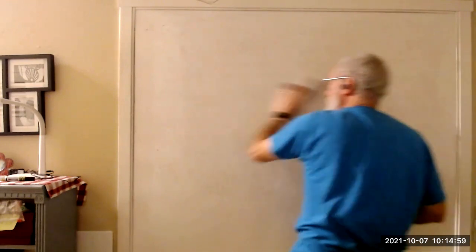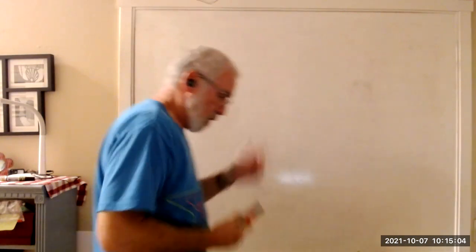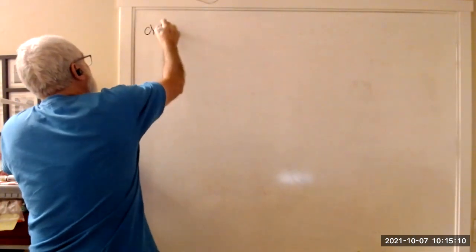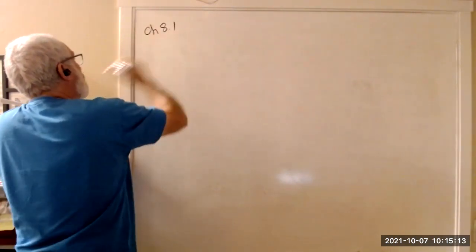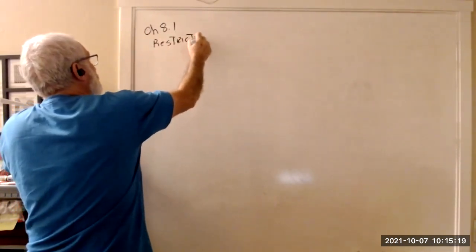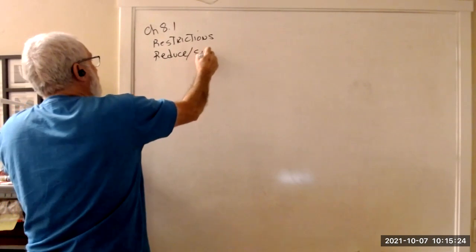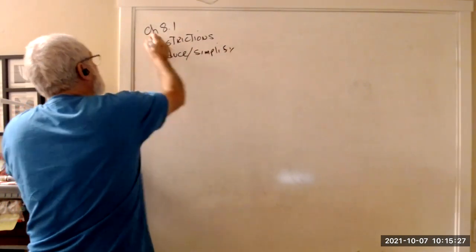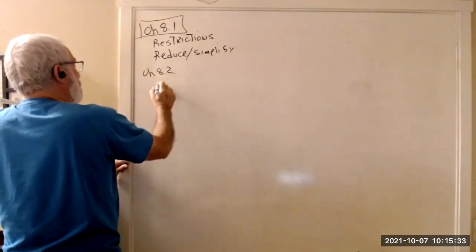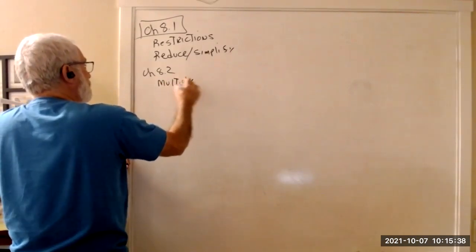All right, here we go. So we have talked about, in chapter 8.1, restrictions and reducing or simplifying. In chapter 8.2, we talked about multiply or divide.